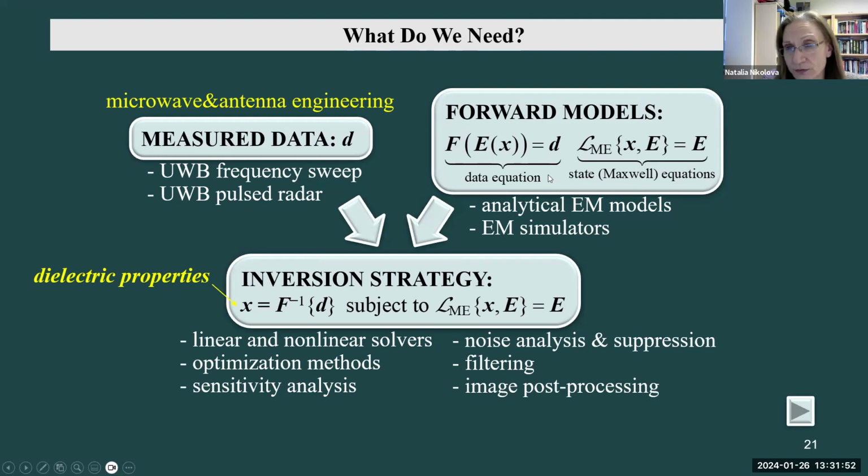So the data equation, in order to relate the permittivity to the data, has to go through the field. On the other hand, the field has to satisfy Maxwell's equations. For all of these models, we are essentially using the models provided by mathematical physics in electromagnetism.